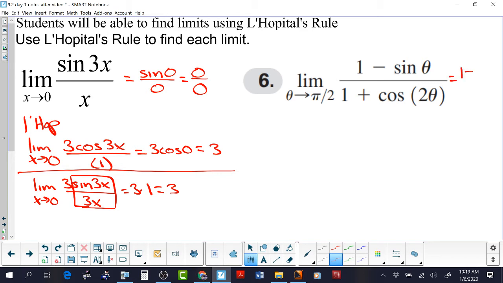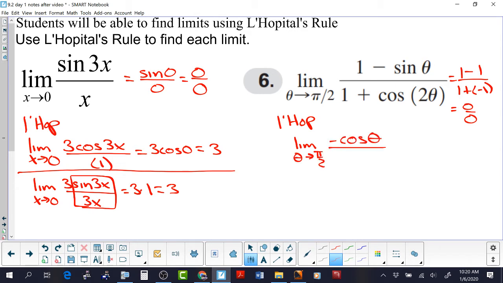1 minus sine of pi over 2 is 1. Cosine of pi is negative 1. So you get 0 over 0. All right, so now we know we can use L'Hopital's rule. Limit as theta approaches pi over 2 of negative cosine of theta over negative 2 sine of 2 theta.